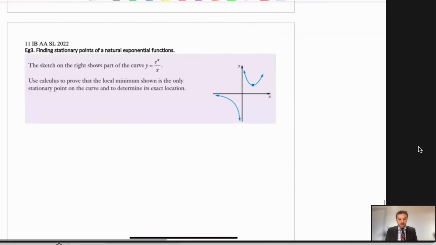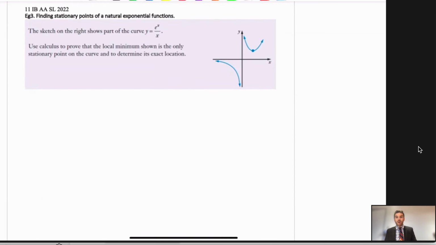So in this video, we've got this curve here and we have this function, y is equal to e to the x on x. Now, use calculus to prove that the local minimum shown is the only stationary point in the curve and determine its exact location. Okay, so local minimum, so we're thinking this is a dy by dx is equal to 0 situation, as it's a stationary point.